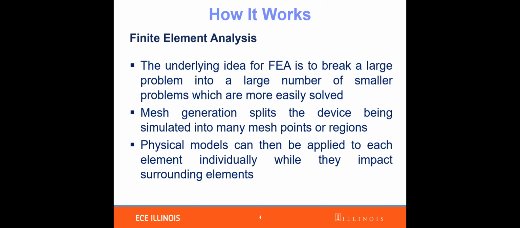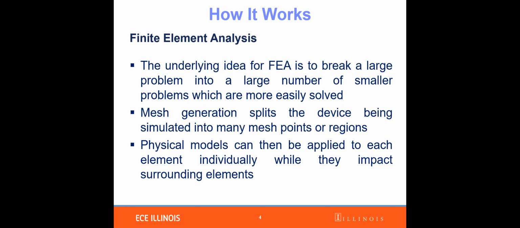So how it works: finite element analysis is to break a large problem into a large number of smaller problems. For example, a partial differential equation is typically solved in a continuous space, but we can approximate this partial differential equation into a set of additions, subtractions, multiplications, and divisions.